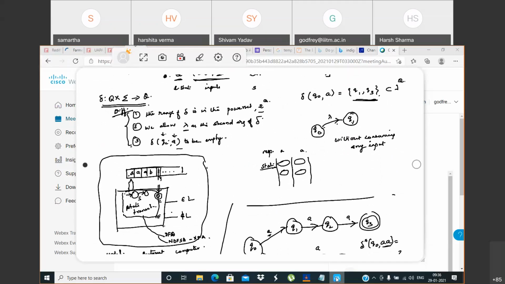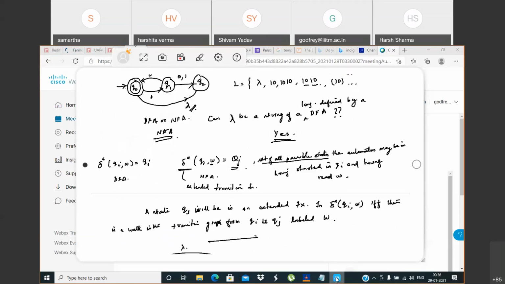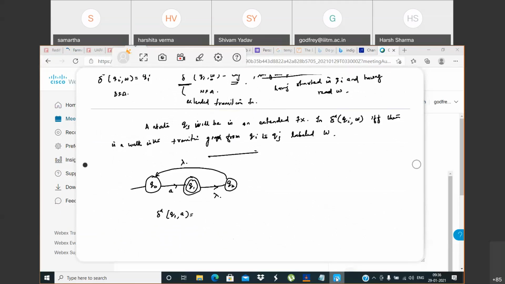So now in this case, I go from Q0 to Q1 on input symbol A. Here I am asking for an extended transition function from Q1. Now from Q1 on no input I go to Q2.